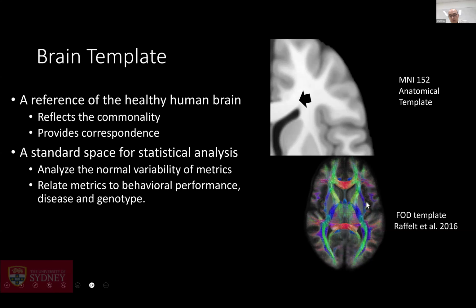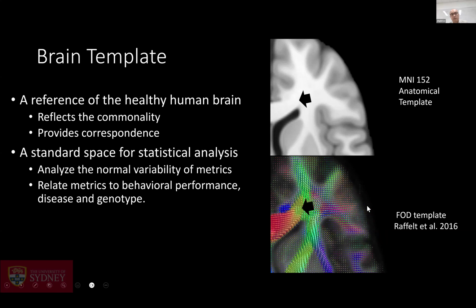If we look at this template, it provides quite nice information about the white matter microstructures. For each location, we can calculate the fiber density. We can estimate the fiber orientations, and for certain regions, we can also find rich information about the crossing fibers.